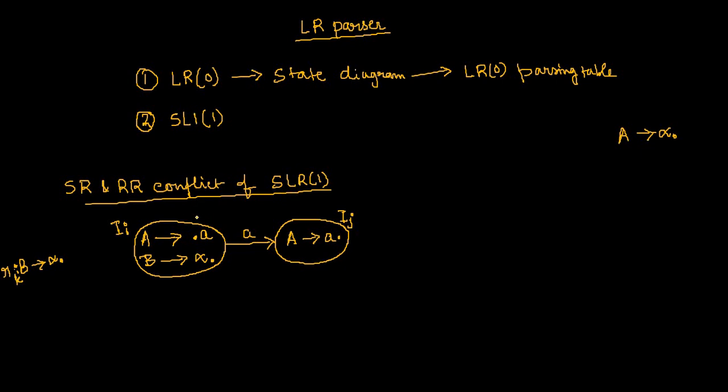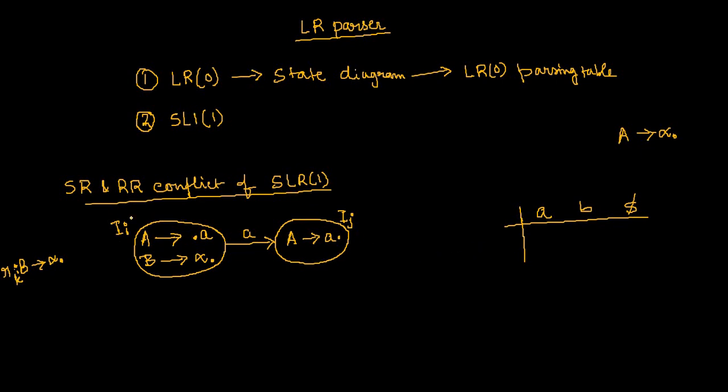So see how the table of this SLR1 parser will look. Forget about the other states of the diagram. Suppose we have a, b, and dollar. These three are the terminals in my SLR1 parsing table.